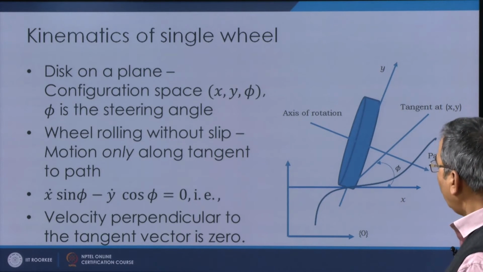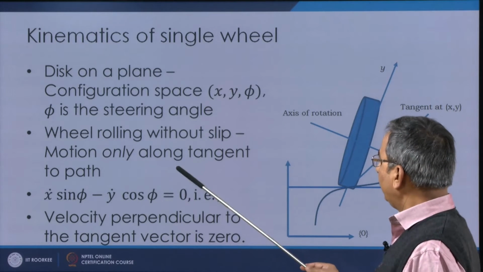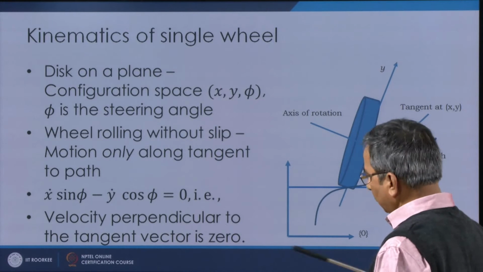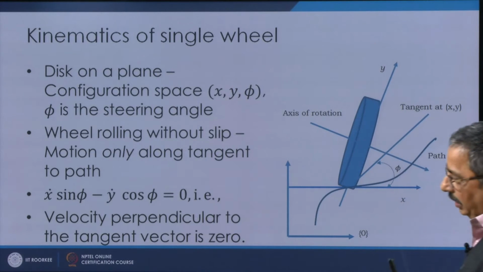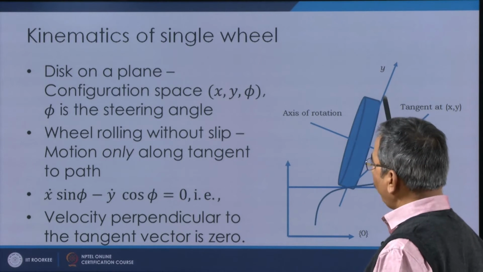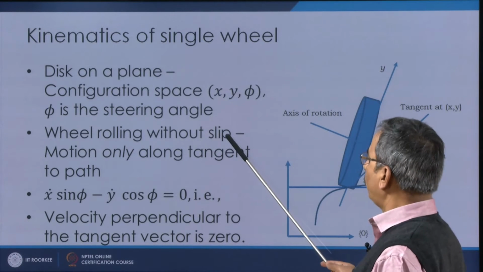And say the wheel is rolling without slip, that is, the motion is only along the tangent to the path and it is not perpendicular to the path, that is, the motion is not there in the lateral direction. That is what we also call the wheel rolling without slip.